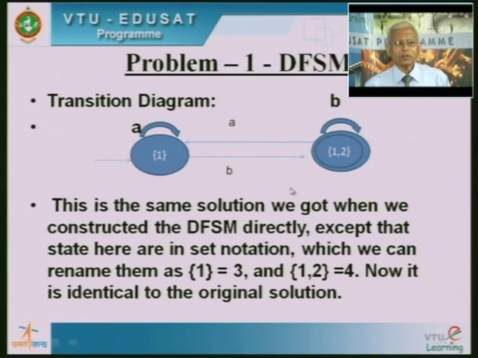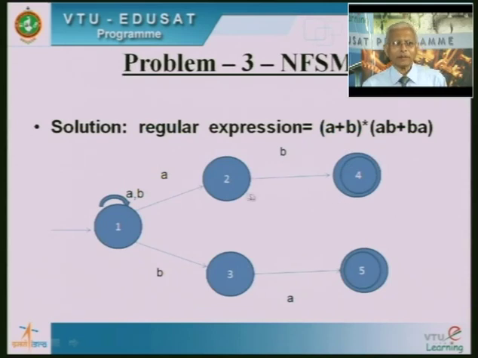Now, we will be doing today one more problem, wherein again we will be converting a non-deterministic finite state machine to a deterministic finite state machine following the same procedure, but the problem is somewhat involved, somewhat bigger. So, we said the set of all strings ending in BA or AB, we could not guess that it requires 5 states.